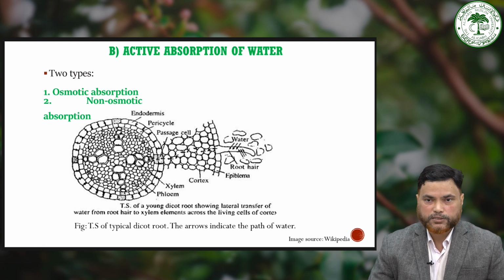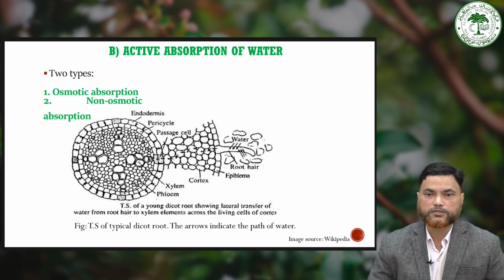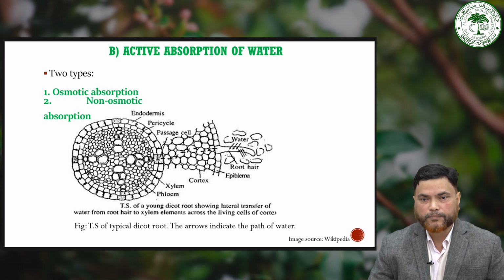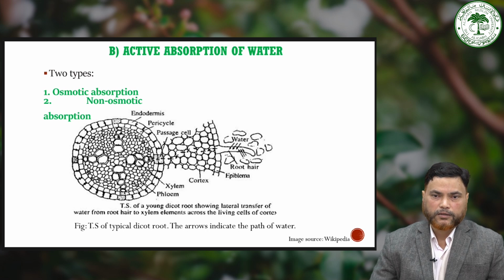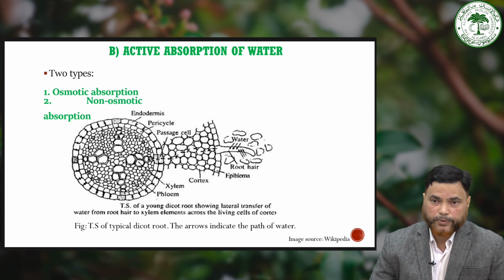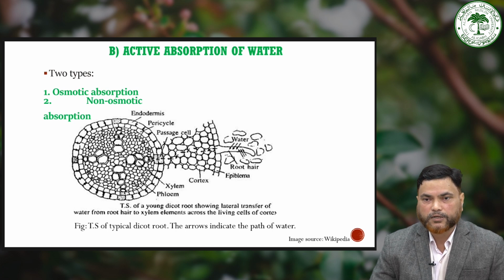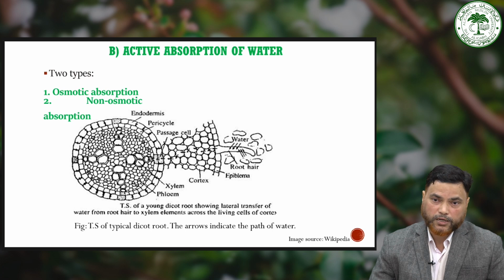Now, at this juncture, active absorption comes into play, and this process occurs mainly during the night time. So in passive absorption, generally tension is created in the leaves, but in this pathway root cells play a very pivotal role, or you can say active role, in water absorption. The driving force behind passive absorption is basically transpiration, but in active absorption the main driving force is the root pressure, which is generally created in the living cells of the root.